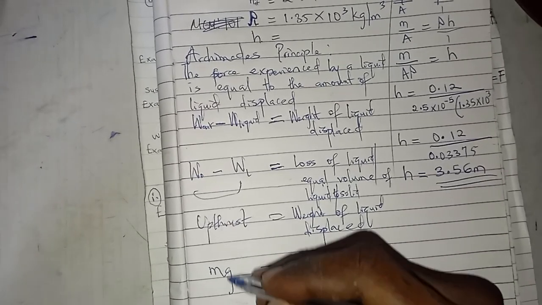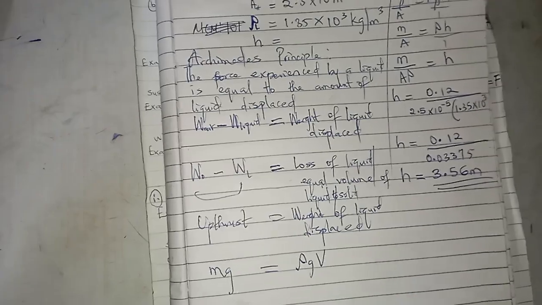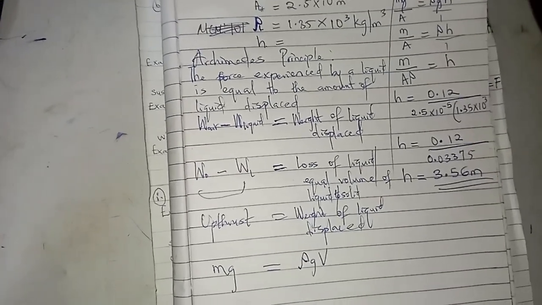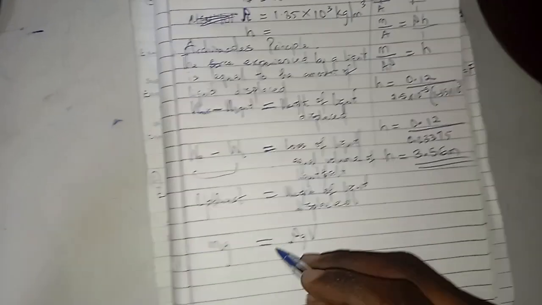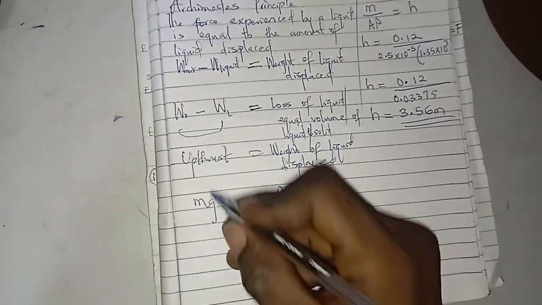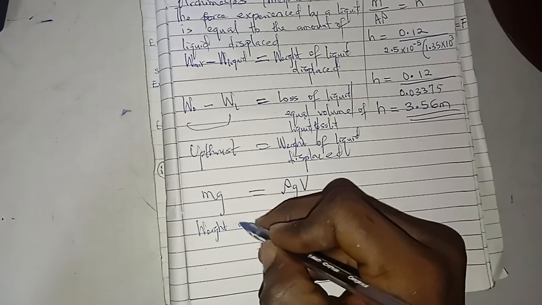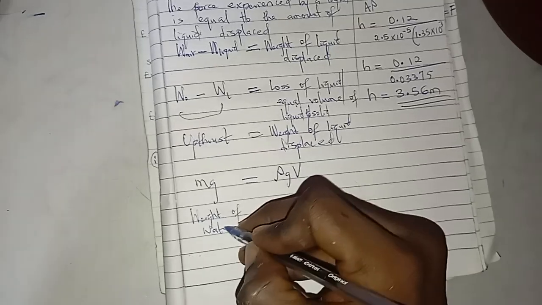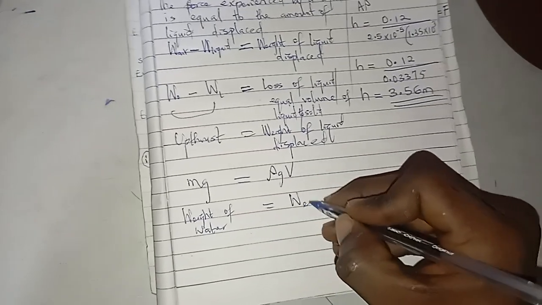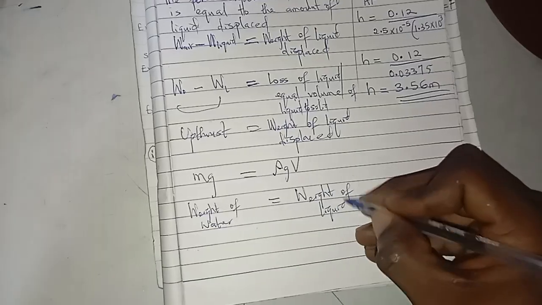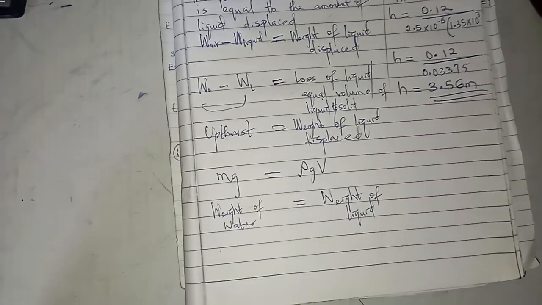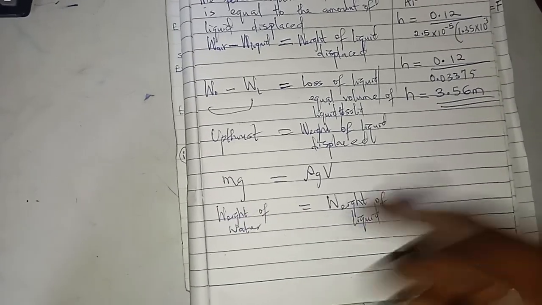If you remember, inside that liquid as it has entered, you can say this one can also be considered as weight of water equals weight of liquid. This can also be considered however you want to put it.